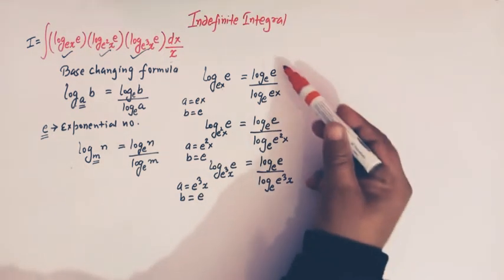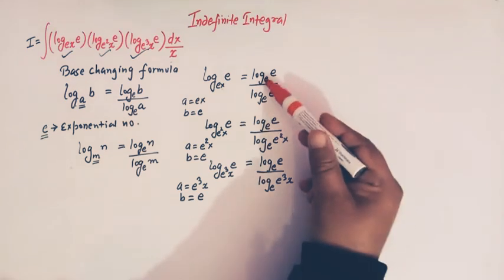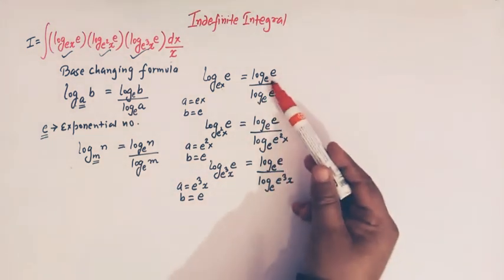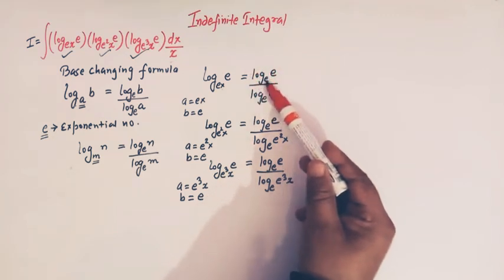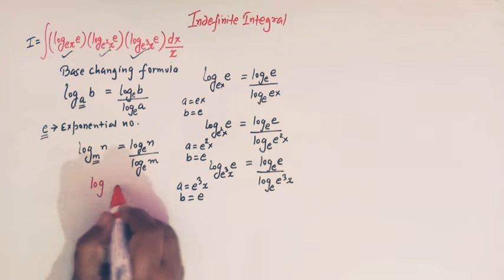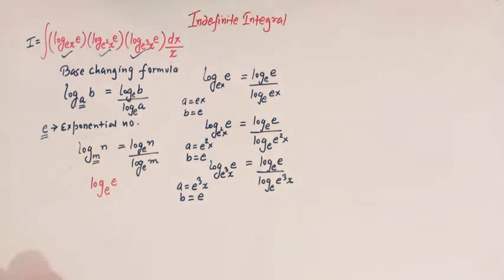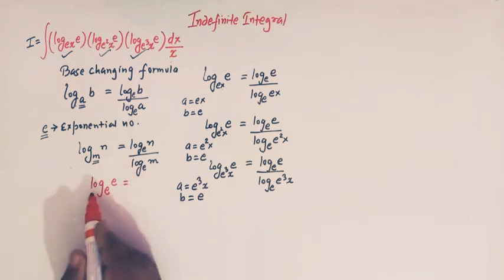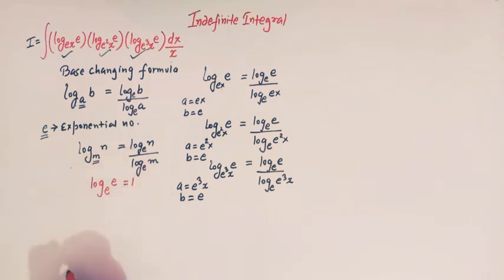Okay, so now here we'll further simplify these three terms, and here we observe that in the numerator we have log of e to the base e, right? So we know that the value of log of e to the base e is simply 1.